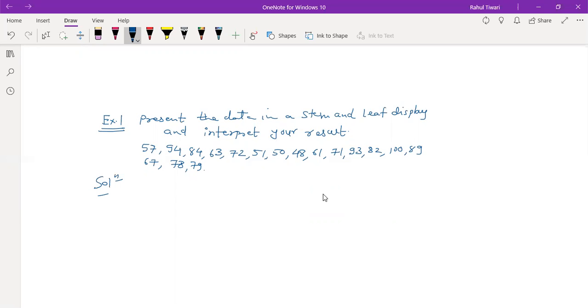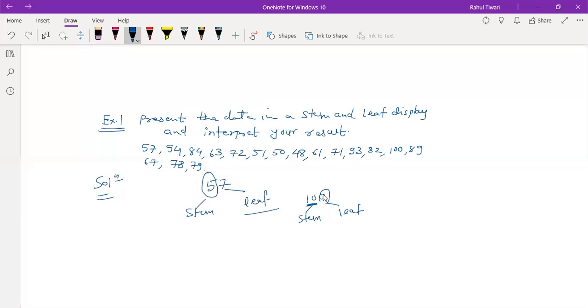Suppose I'm considering 57. So here my stem is 5, and my leaf is 7. This is my leaf. If I consider any number, let's say 100, here 100 is a 3-digit number. So the first 2 digits are the stem and 1 is the leaf.